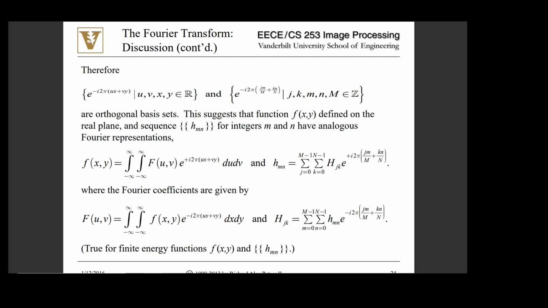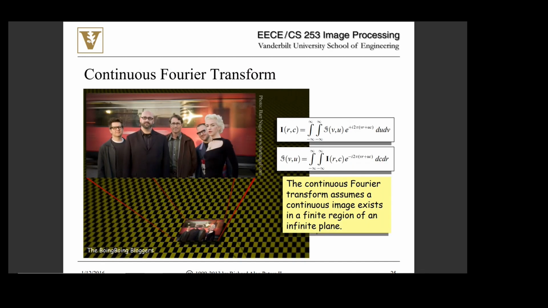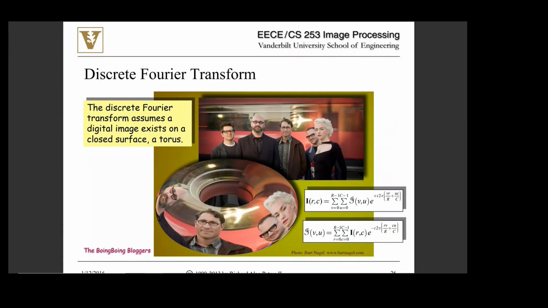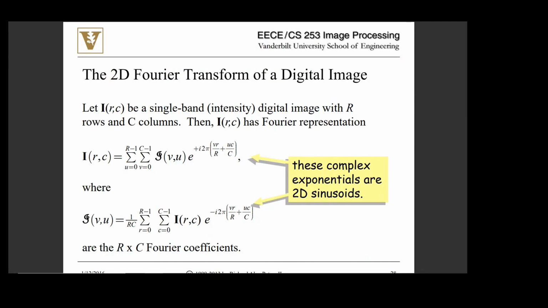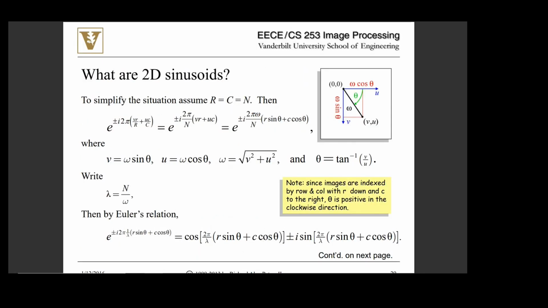And if it is a discrete image, then instead of having integrals, I will have sums, and instead of continuous frequencies, I will have discrete frequencies. It's all the time the same. Okay, then what else? What is also very important? How does a complex exponential look like?